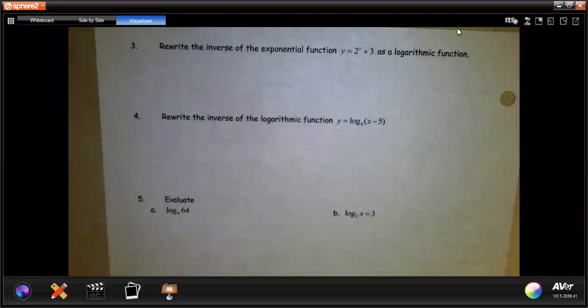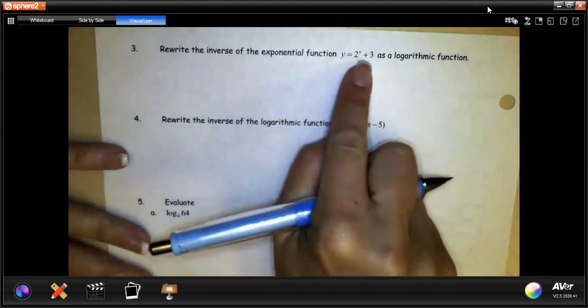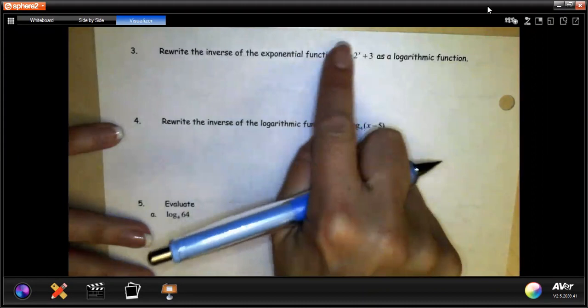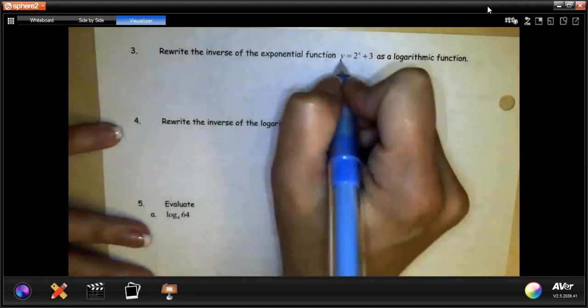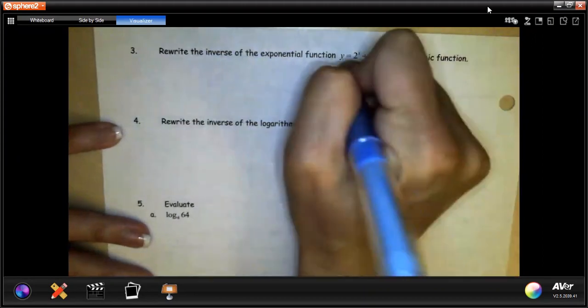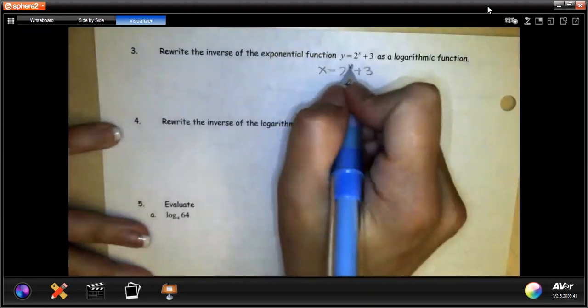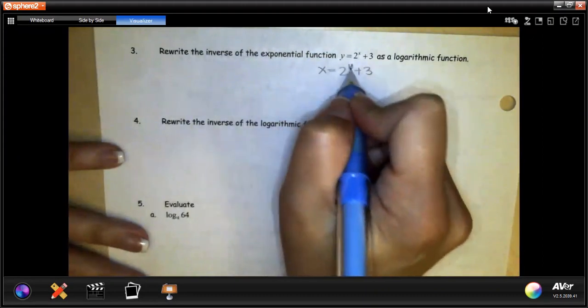We're going to use that definition to be able to write the inverse of these functions. So we're going to rewrite the inverse of the exponential. If I wanted to write the equation of the inverse of this, so previously we learned the first thing we do is switch the x and the y. So we get x equals 2 to the y power plus 3.